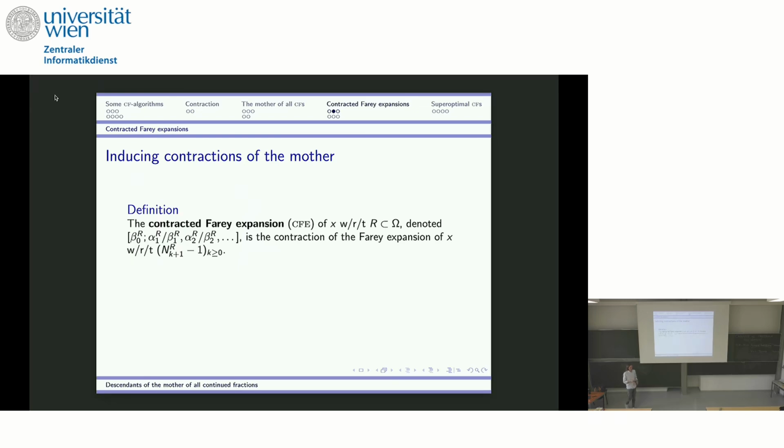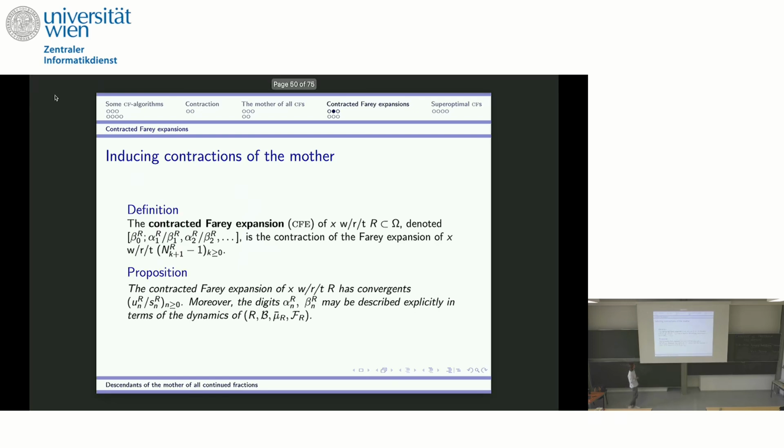And the subsequence is the one picked out by the region R. It's basically a corollary of Seidel's result that the contracted Farey expansion of x with respect to R has precisely that subsequence that we picked out. So this is just Seidel's result and some bookkeeping of notation.